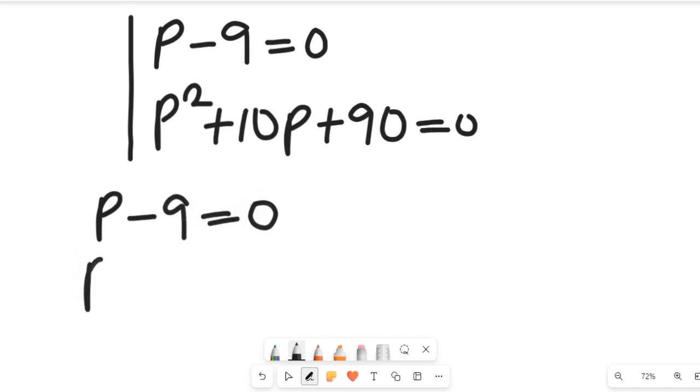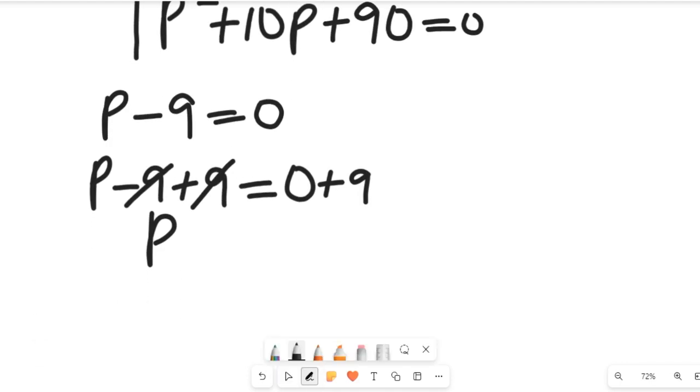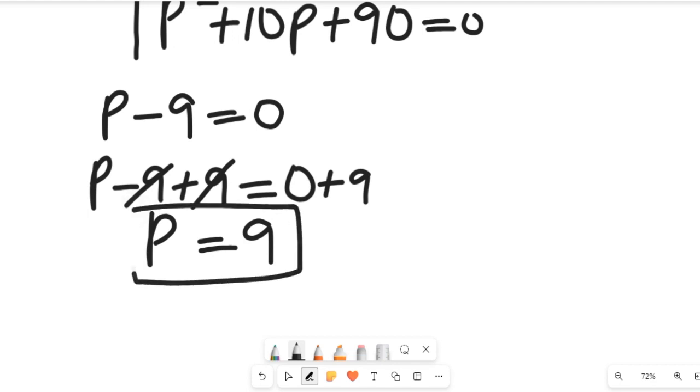Add 9 to both sides, we'll have p minus 9 plus 9, and this will give us 0 plus 9. So p will be equal to 9. So the value of p equal to 9 is the first solution to that exponential value.